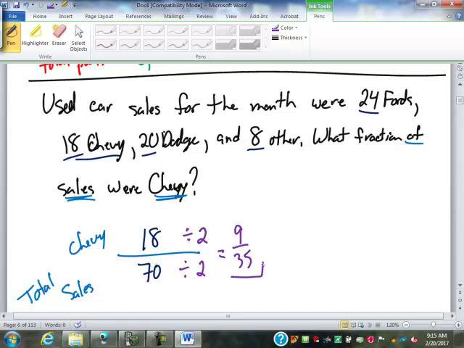And that's as far as we can take it. So 9/35 of all car sales for that month were Chevy. Does that make sense?